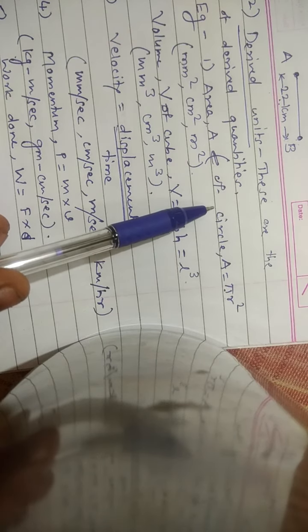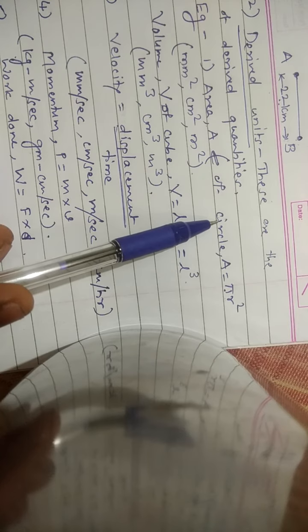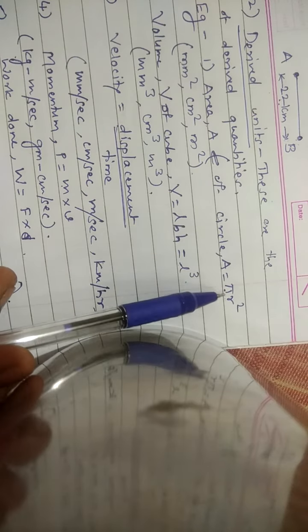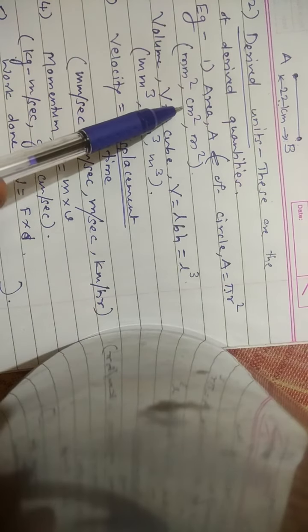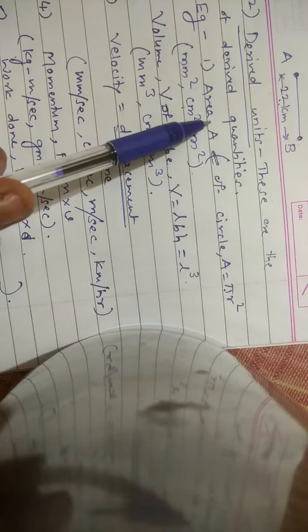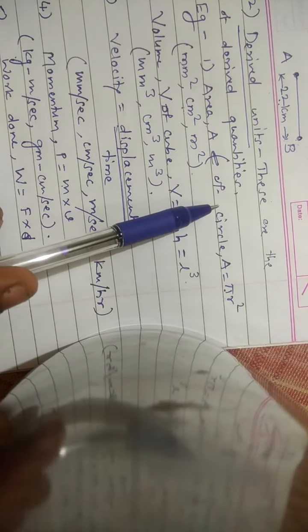You just try it out at home, like area of rectangle, area of square, area of parallelepiped, area of rhombus. Equations may change, but the units are going to remain the same. So just be clear about it in your mind. The units of the quantity will remain the same, whatever be the geometrical figure that you are taking.